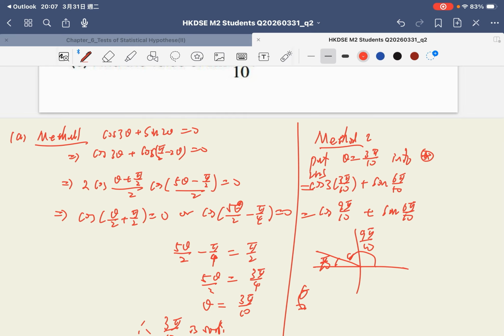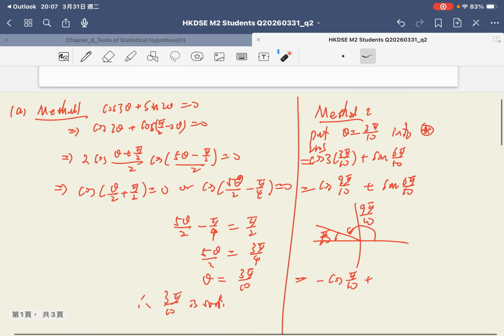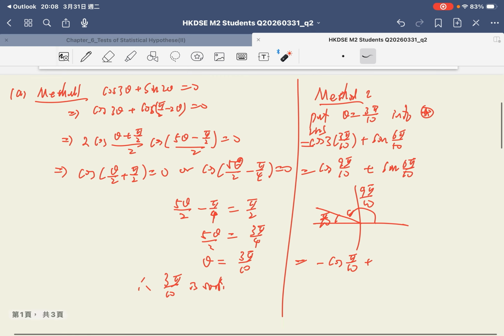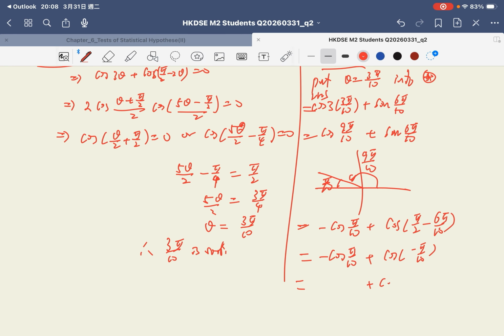Because it is in the second quadrant, it is negative: negative cosine π over 10. For the other term, I use π over 2 minus to change the sine into cosine: cosine of π over 2 minus 6π over 10. π over 2 minus 6π over 10 is negative π over 10, and cosine of negative π over 10 is equal to cosine π over 10.